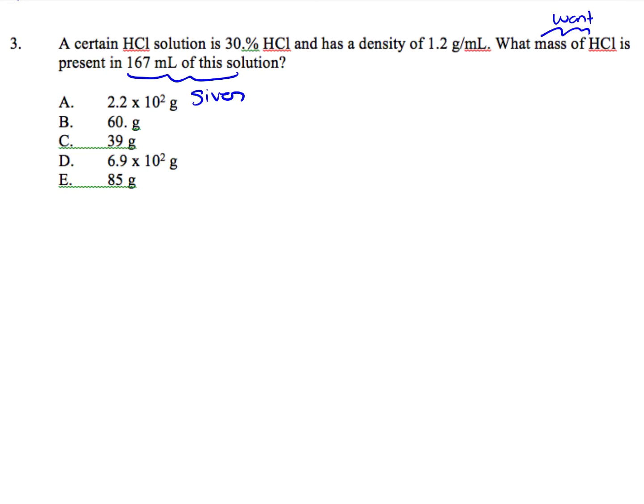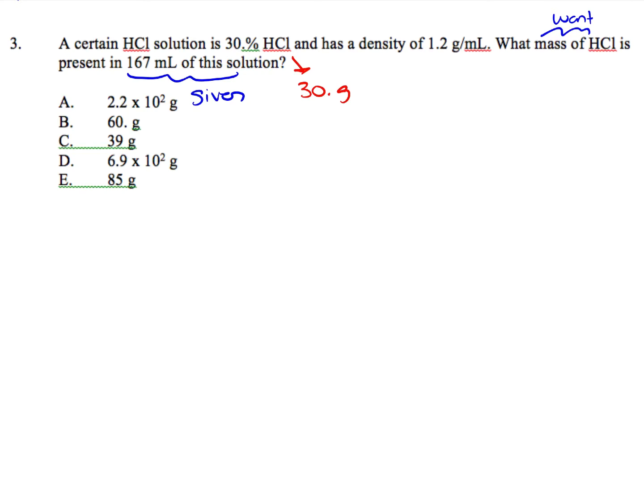And then as far as conversions go, this percentage is a conversion factor. There's 30, depending on what you want, 30 grams of HCl per 100 grams of solution.